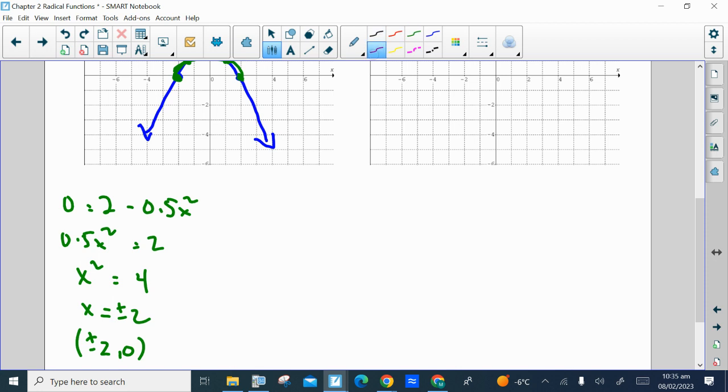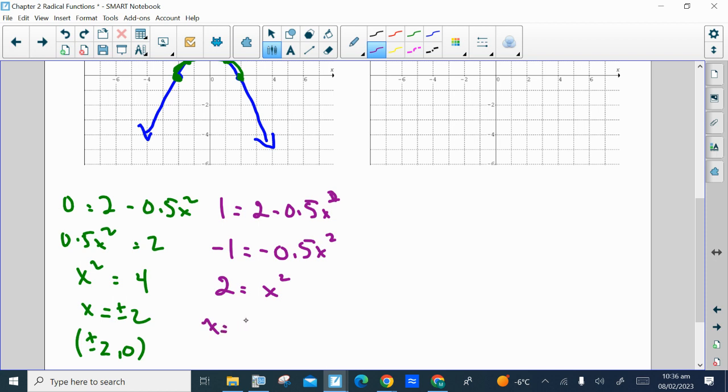But we also have a set of invariant points where y equals 1. So now if you subtract the 2 from both sides, 1 take away 2 is negative 1. And we still have negative 0.5x squared on the right side. If you divide both sides by negative 1/2, negative 1 divided by negative 1/2 will be positive 2 equals x squared.